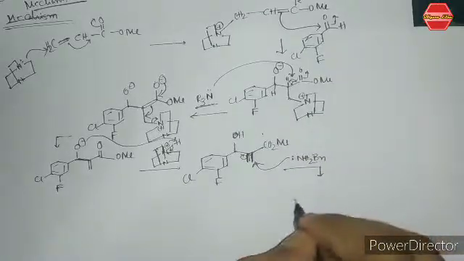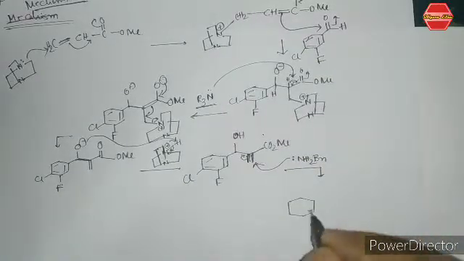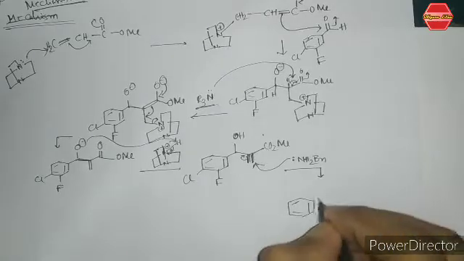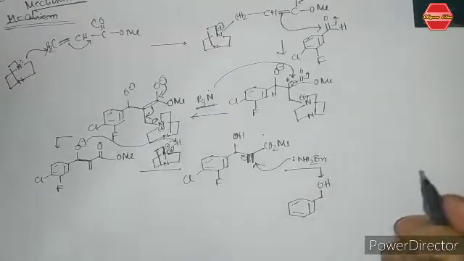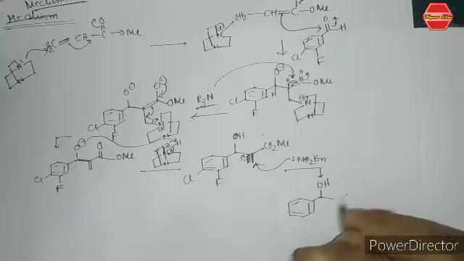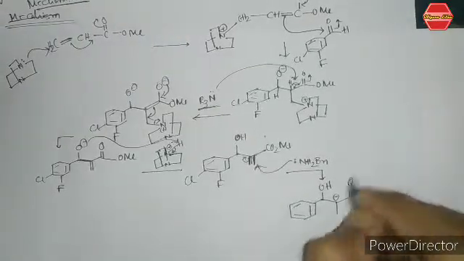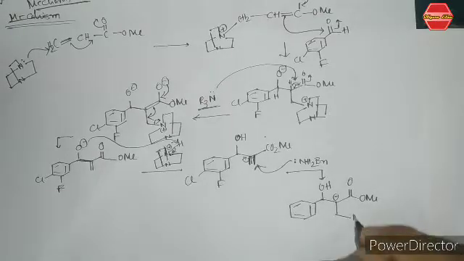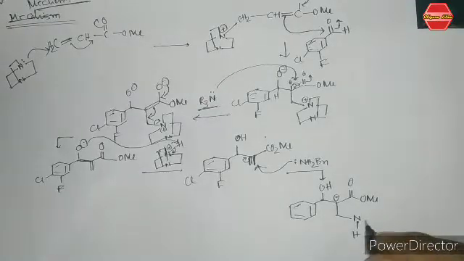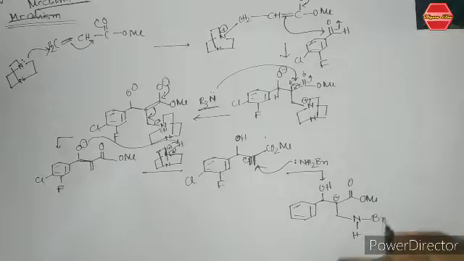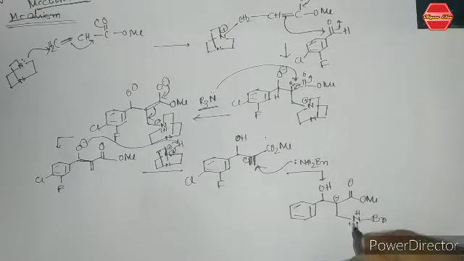Okay, now see, this is your OH, and now here is your negative charge. This negative charge is conjugated to this system, and you have your NH, your Bn, your hydrogen, and this is your positive charge.